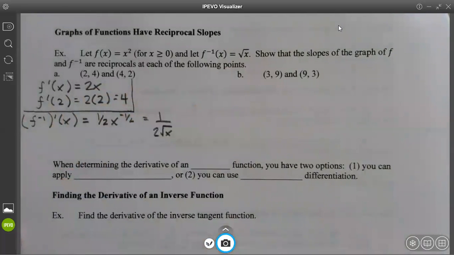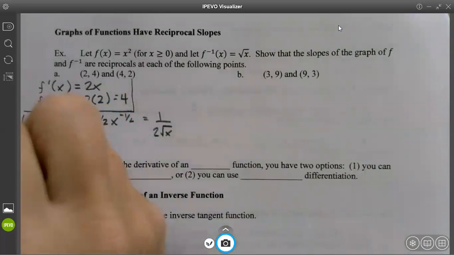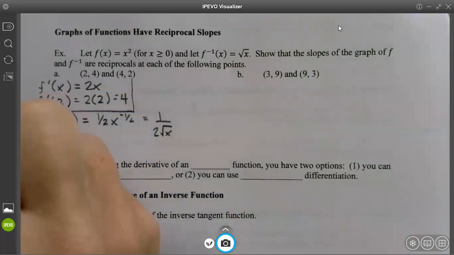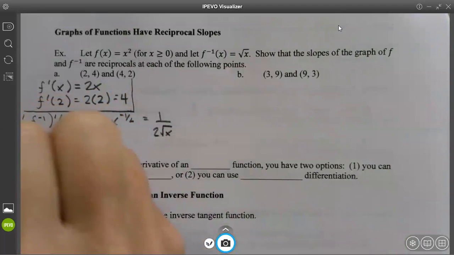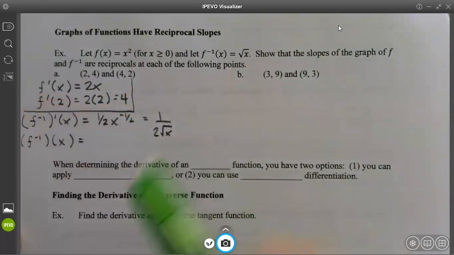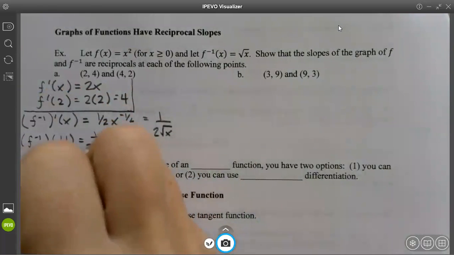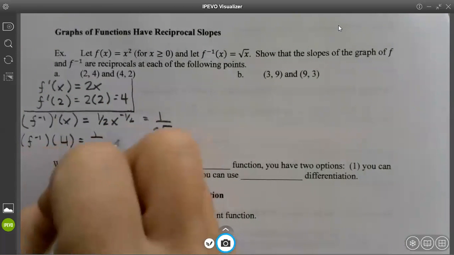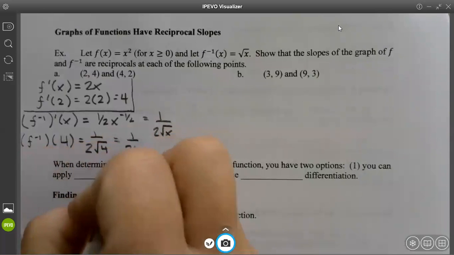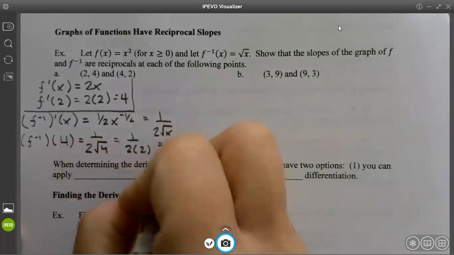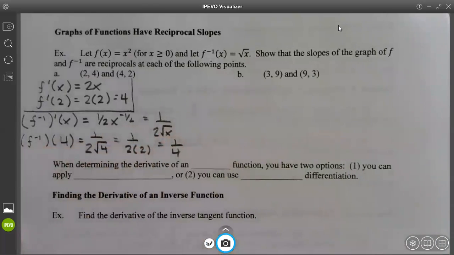We've done that 40 million times. But this time, what are we going to plug in for our x? 4. So 1 over 2 times the square root of 4. 1 over 2 times 2, which is 1/4. That's all you do.